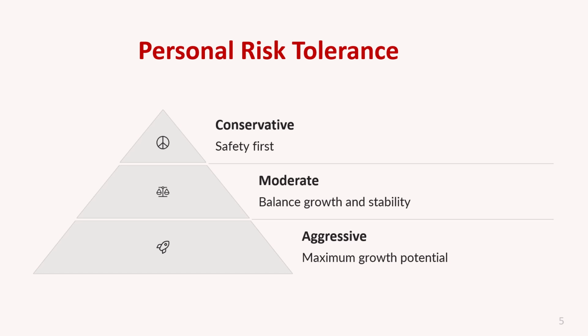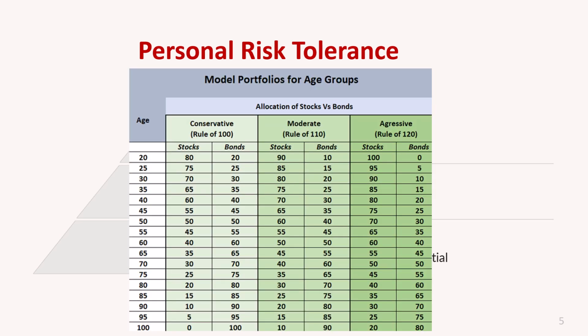The chart that we saw on the previous slide shows us the allocation of stocks versus bonds based on age, but also on different risk tolerances. For example, you can see we have conservative, moderate, and aggressive. And we have different numbers under each of these categories.